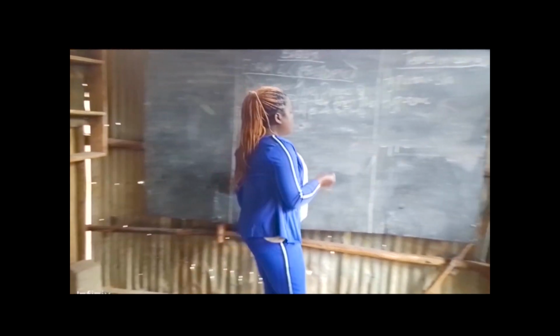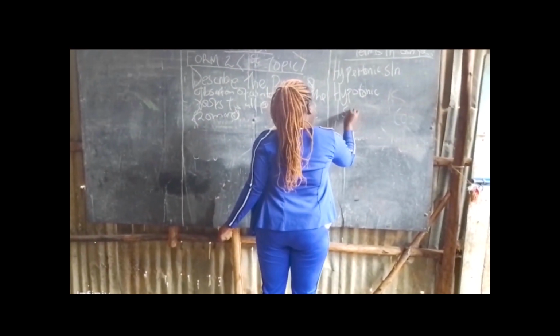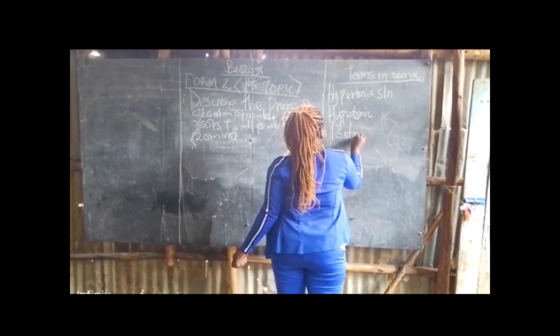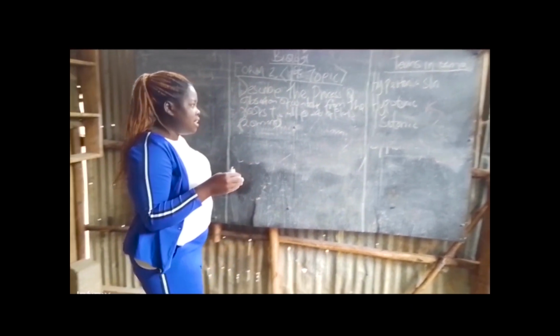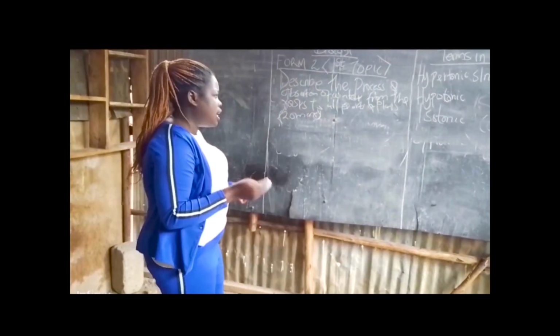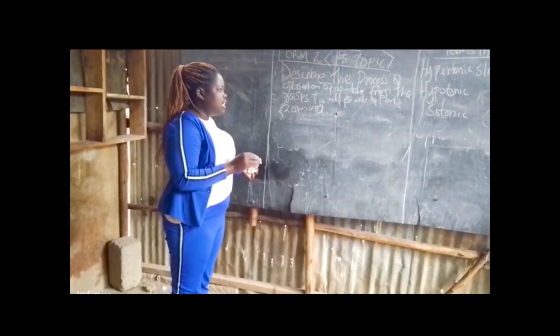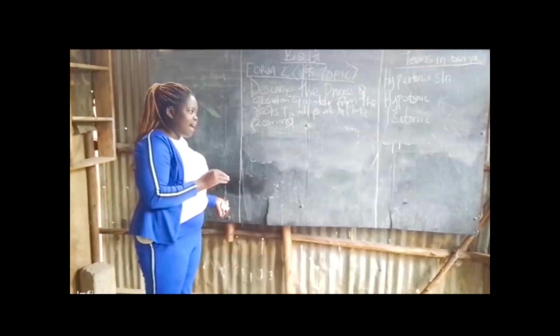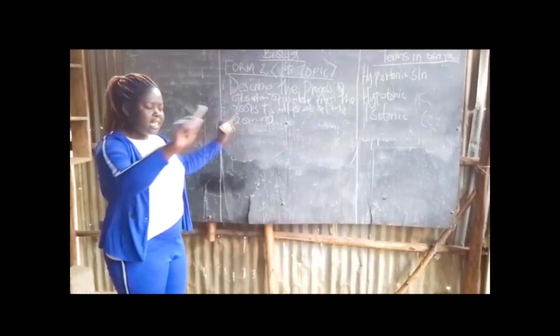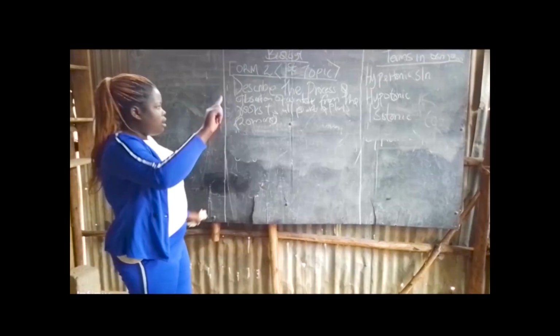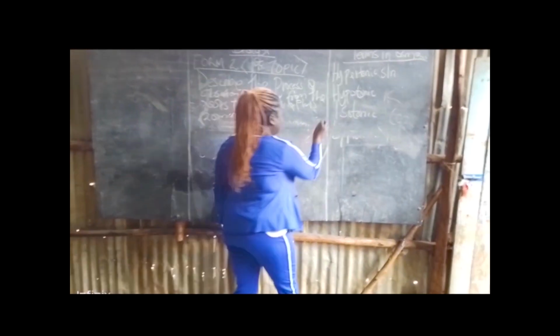That is hypo. Then you have isotonic solution. This is whereby the concentration inside the cell sap is equal to the concentration outside the cell sap, in the environment.